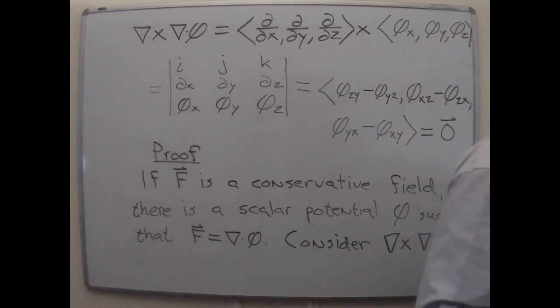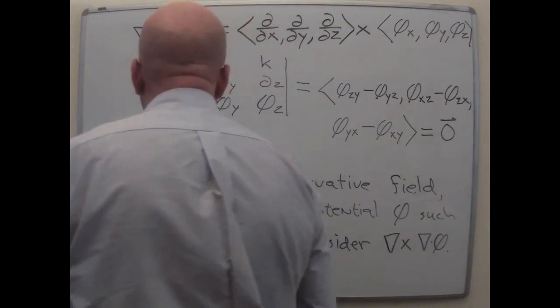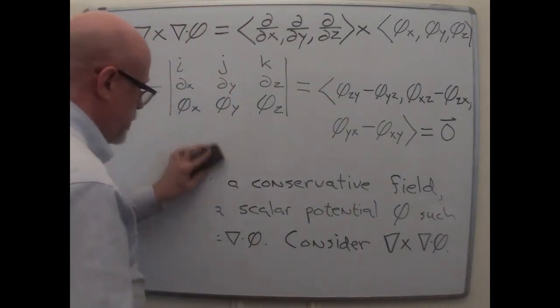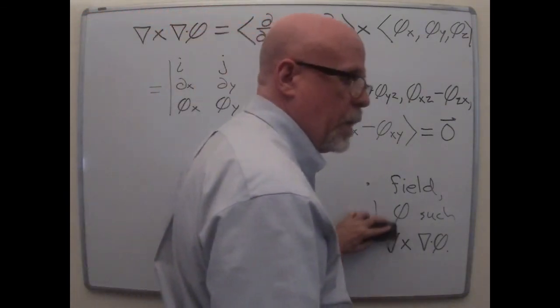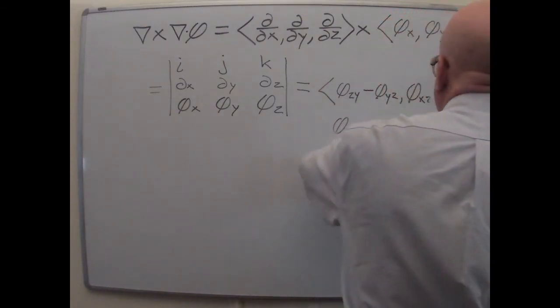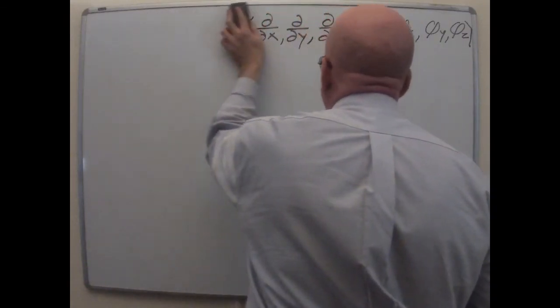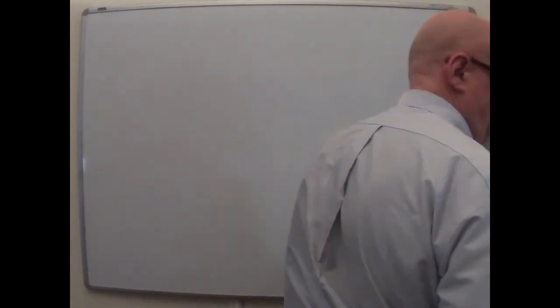So that's 1711. 1712 is another one that says, in certain ways, if you put these del operators together, you get a 0. And this one is the divergence of a curl. We just took the curl of a gradient and got 0. The divergence of a curl is also 0.